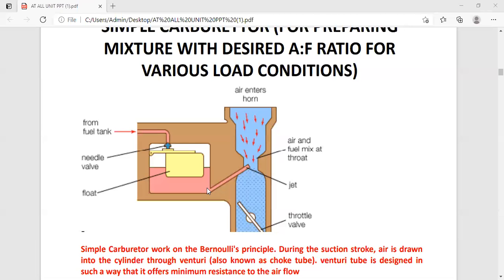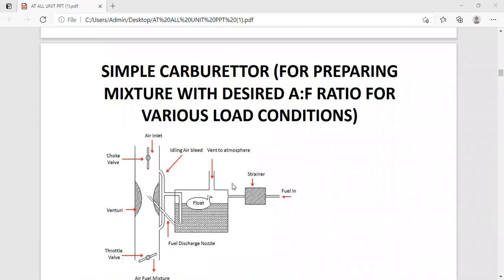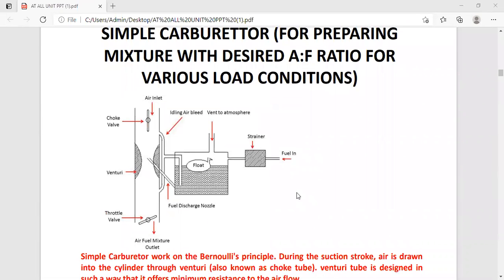So these simple modifications we are going to do in this simple carburetor, and we are going for further modifications.